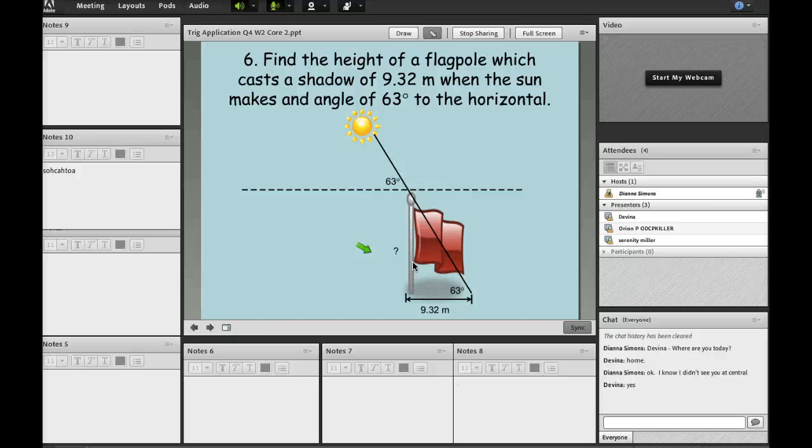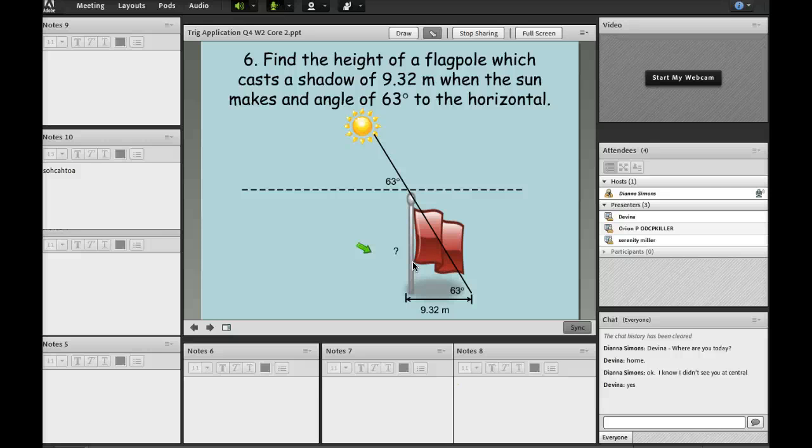We do need the opposite, but do we know the hypotenuse? No. So we can't use sine. What does cosine stand for? Good. Okay, so we have the adjacent, but we don't have the hypotenuse, so we can't use that.